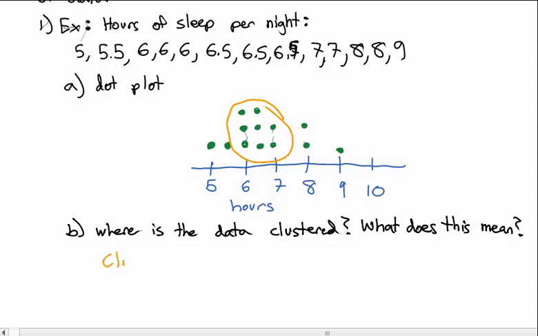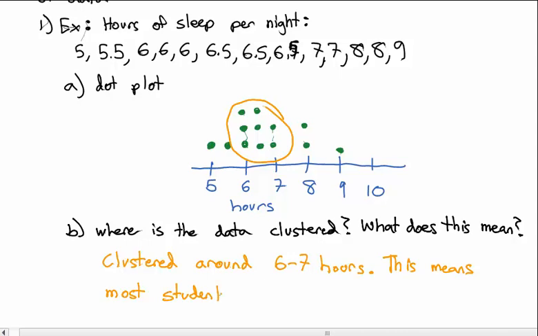So it's clustered around 6 to 7 hours. This then means, if it's clustered there, it means most of the data is there. It probably means most students get 6 to 7 hours per night.